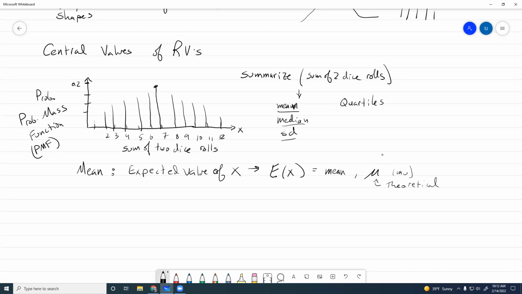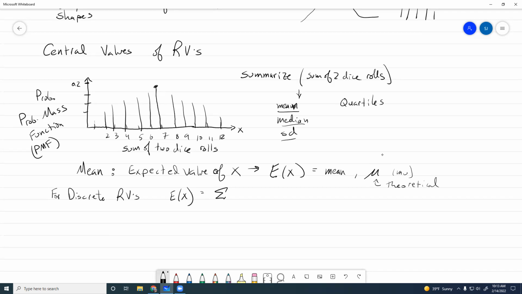So for discrete random variables, the expected value of x, which again is the mean, is just equal to, and we've probably done this all the time, right?